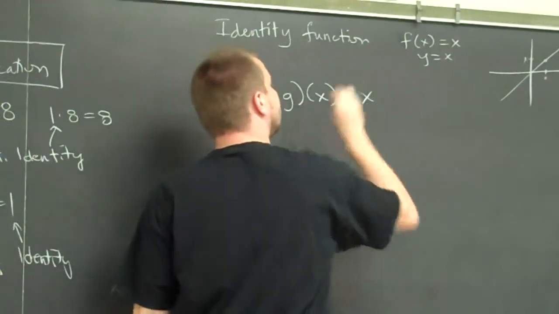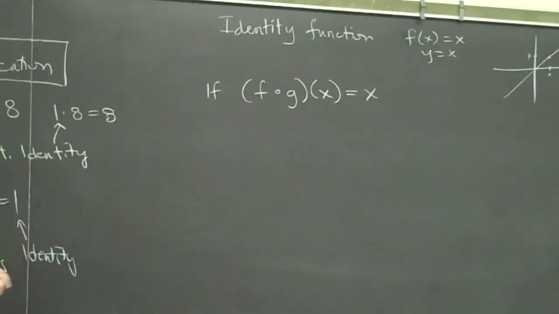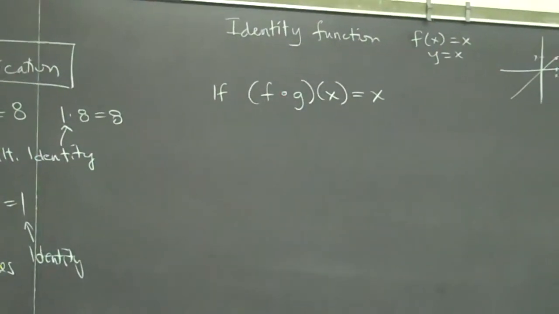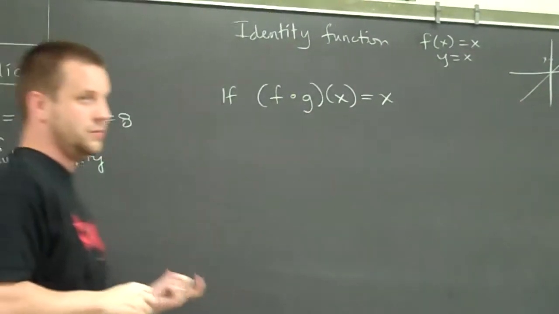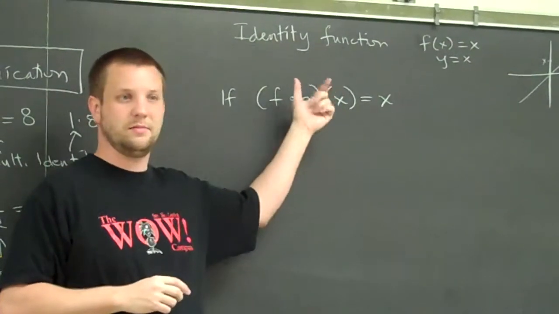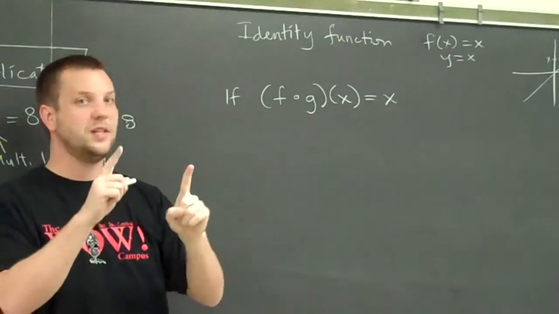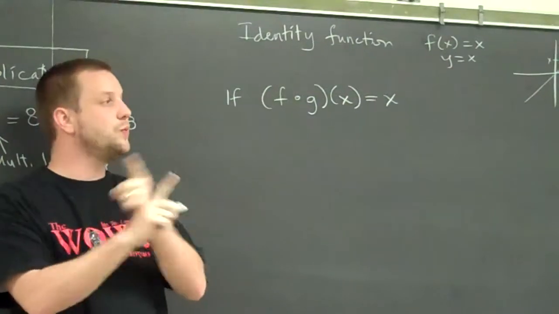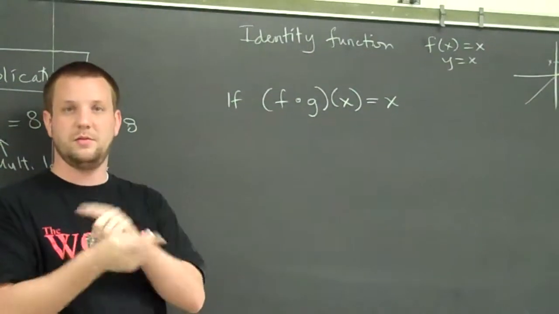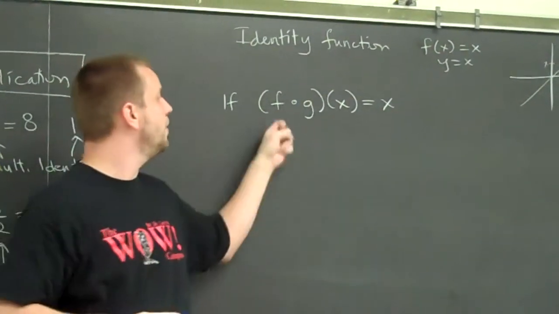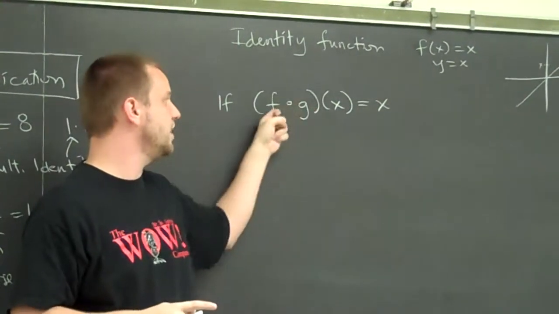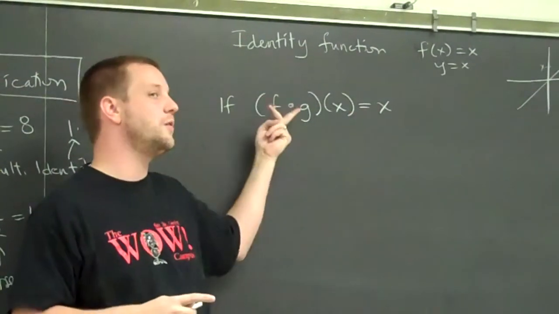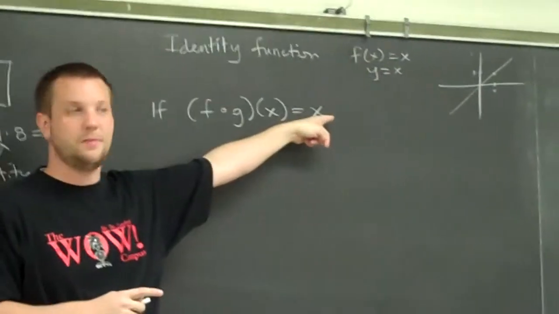When I do that, and I get the identity function x back, that's only part of the piece. Okay? Because one of the things we said about compositions, remember, is it matters which one I do first and which one I do second. So if I do this one first and then this one second, I get that. That doesn't mean if I turn it around, I'm necessarily going to get the same thing, right?